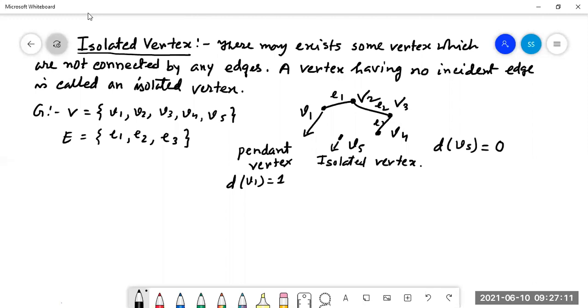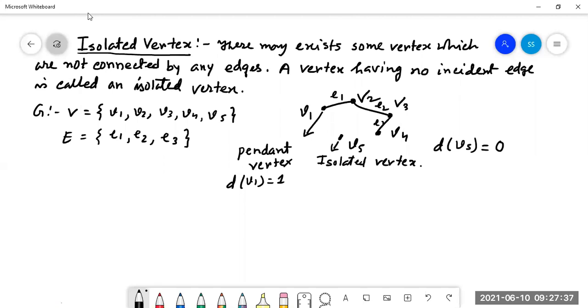Instead of our general definition, if we go with the degree, then we can say that a vertex whose degree is 0 is called an isolated vertex. A vertex whose degree is 1 is called the pendant vertex. Pendant means hanging. This V1 looks like it is hanging from V2, and this V4 looks like it is hanging from V3.